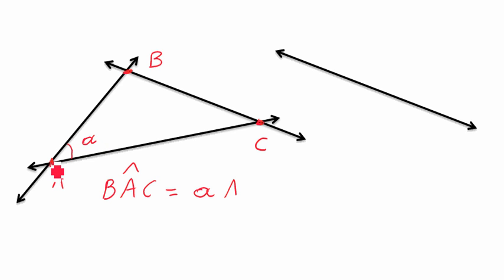Now the angle in between the line segments AB and CB, BC is called the angle ABC, or it is also called B angle.